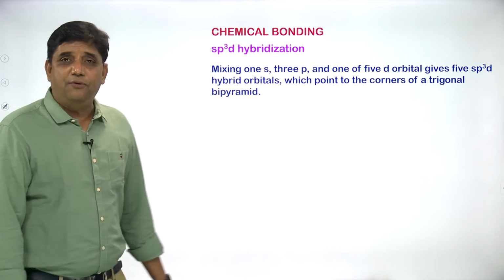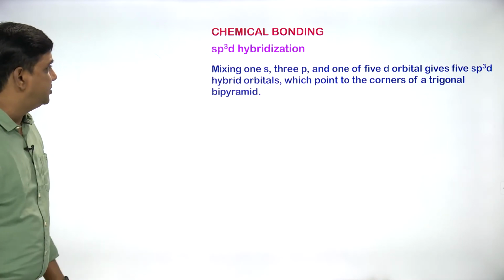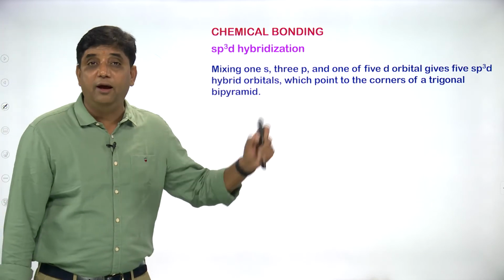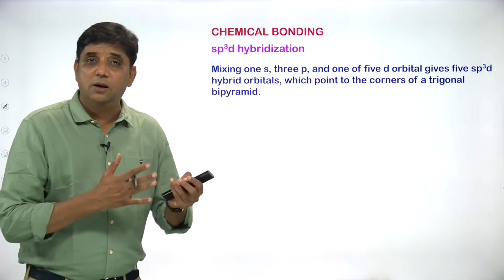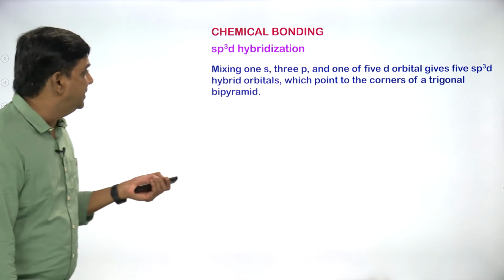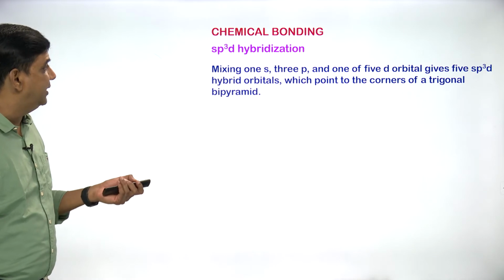The formation of sp3d hybridization: mixing of 1s, 3p and one of the 5d orbitals. sp3d hybridization means 1 s orbital, 3 p orbitals and 1 d orbital will mix up to form the 5 sp3d orbitals.